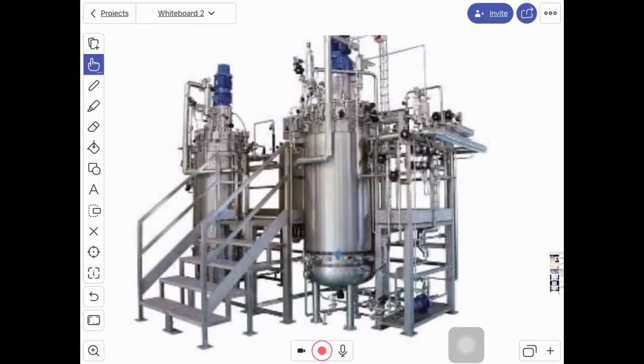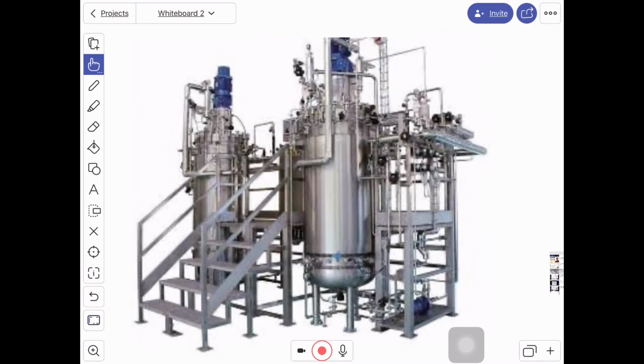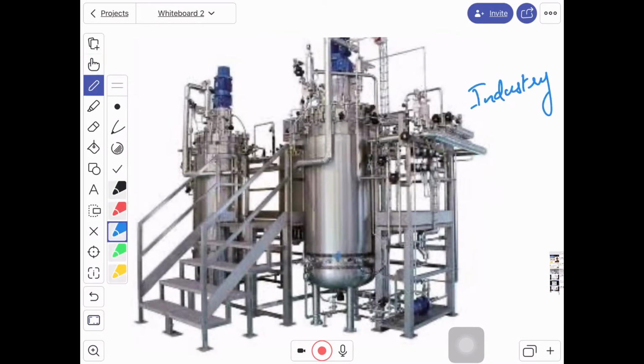This is the structure of a fermenter which is normally found in an industry. Now in the laboratory of such industries, we can see a small fermenter of 10 to 100 liters, where the research work is carried out.